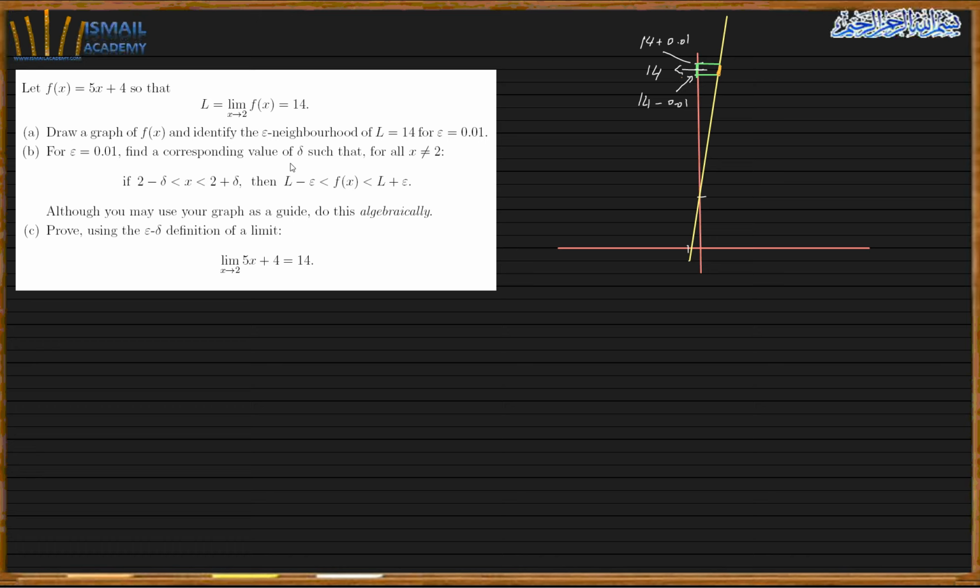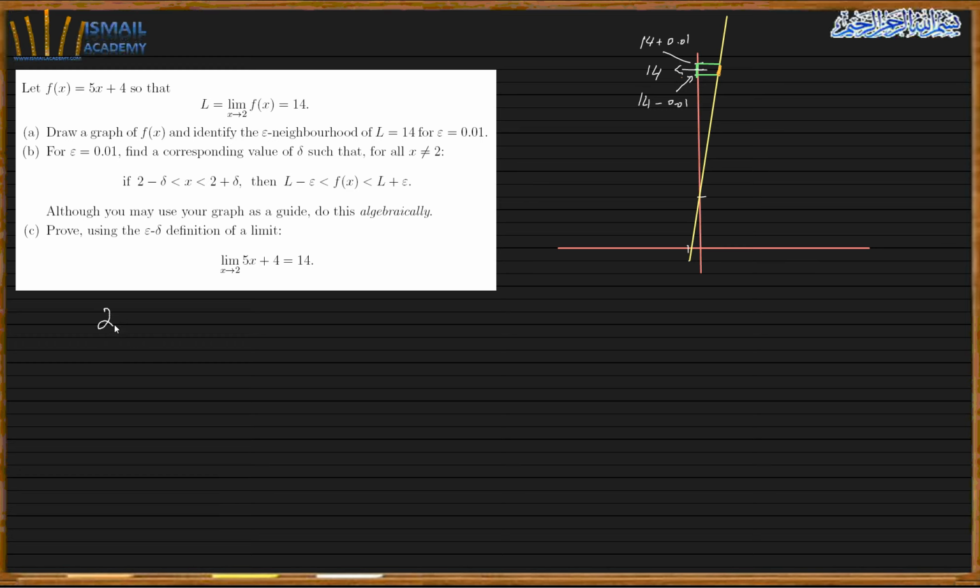In that case I will end up having L here and epsilon, but epsilon in that case will be dependent on delta. That means delta will be a function of epsilon, not epsilon depending on delta, but delta depending on epsilon. So this is exactly what we'll end up having here. Let me show you the idea. I don't want to keep talking too much. So let's start with this statement.